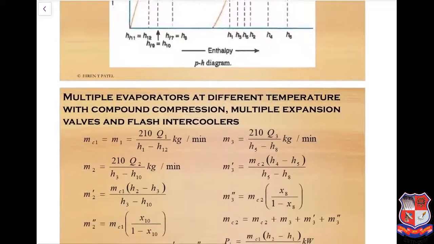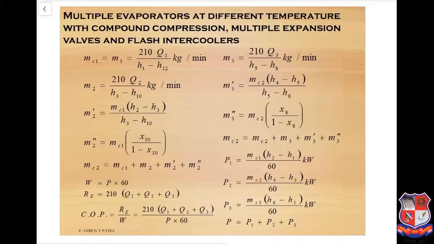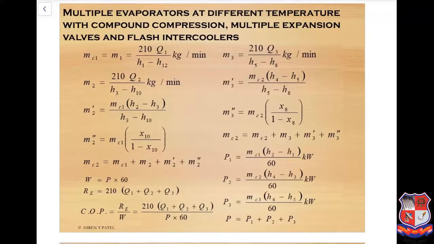If we see the analysis, here also we are calculating the mass that each compressor needs to handle, that is MC1 is equal to M1, 210 Q1 upon H1 minus H12. Here 2 additional masses need to be calculated. The first is M2 dash.